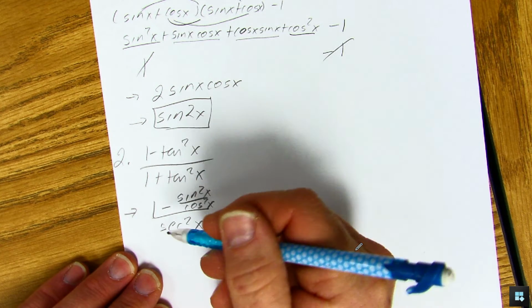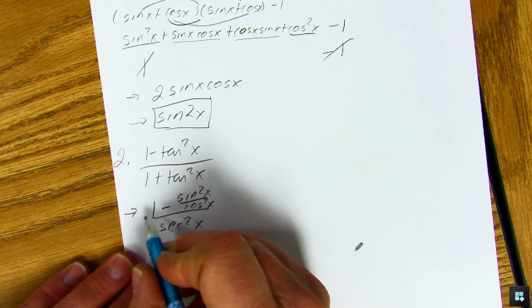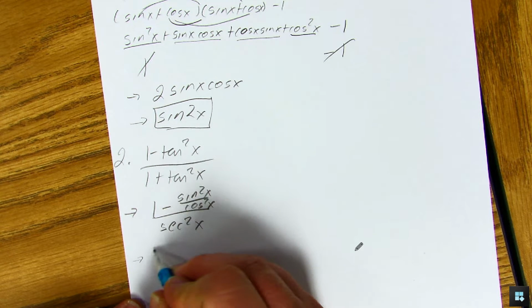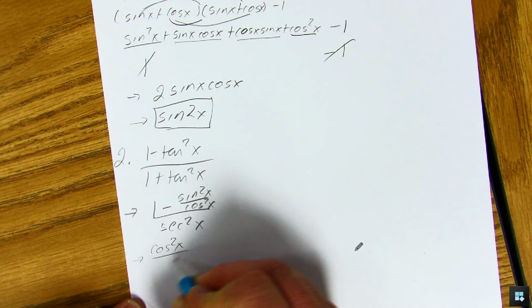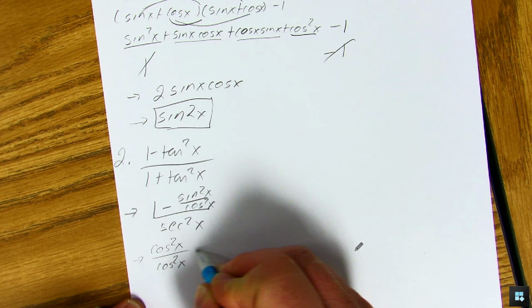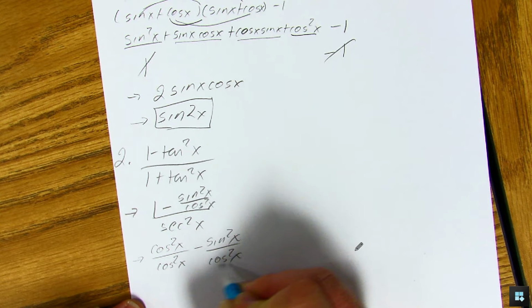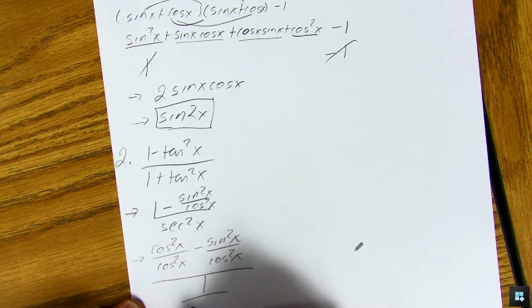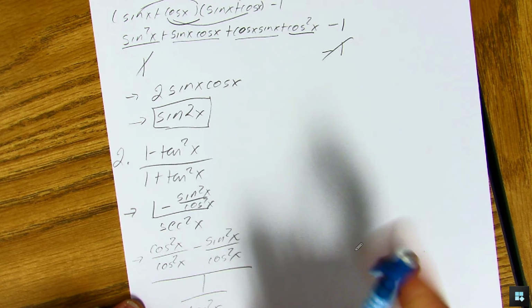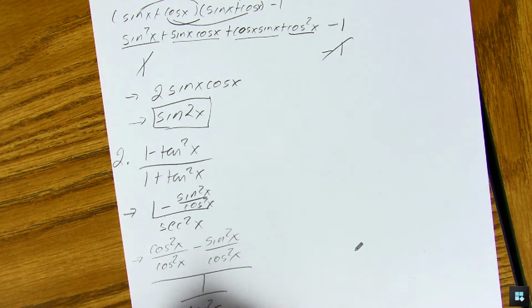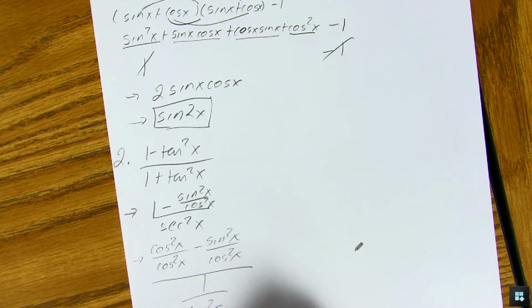Therefore, now we want to get a common denominator here. So that's going to lead us to cosine squared x over cosine squared x minus sine squared x over cosine squared x, all over 1 over cosine squared x. Combining the tops, I get cosine squared x minus sine squared x all over cosine squared x.